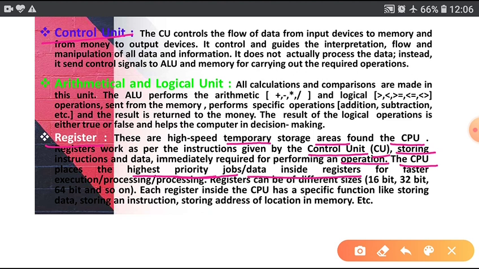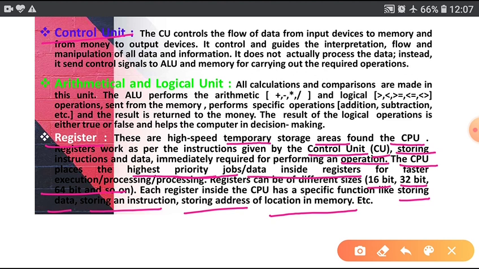Register can be of different sizes, 16-bit, 32-bit, 64-bit and so on. Each register inside the CPU has a specific function like storing data, storing information, storing the address of a location in memory.